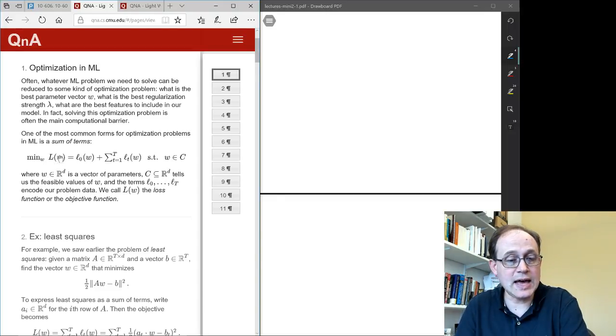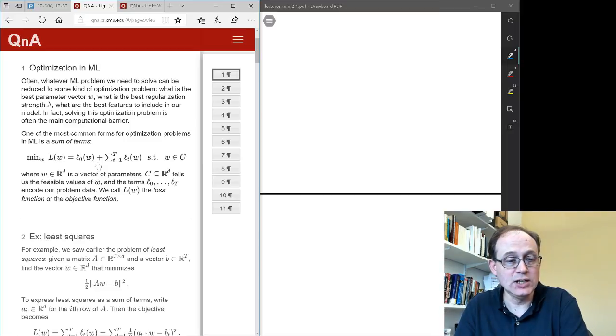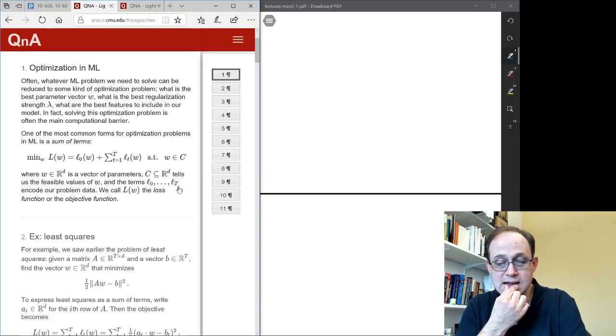We can often write that as a sum of terms, L0 plus the sum from 1 to T of LT. W is our vector of parameters, let's say d-dimensional. There's possibly a constraint set C that tells us the feasible values of our parameter vector. And then we have these terms, L0 through LT, that encode the problem data.